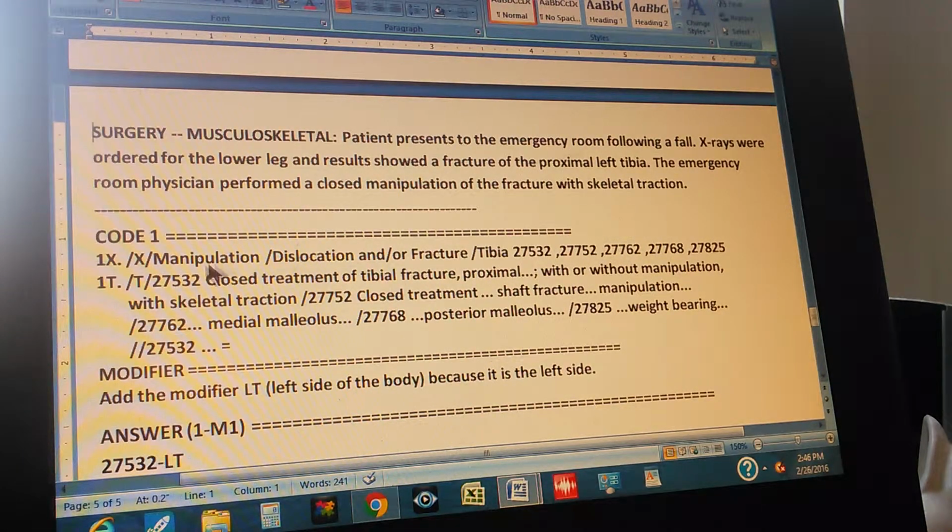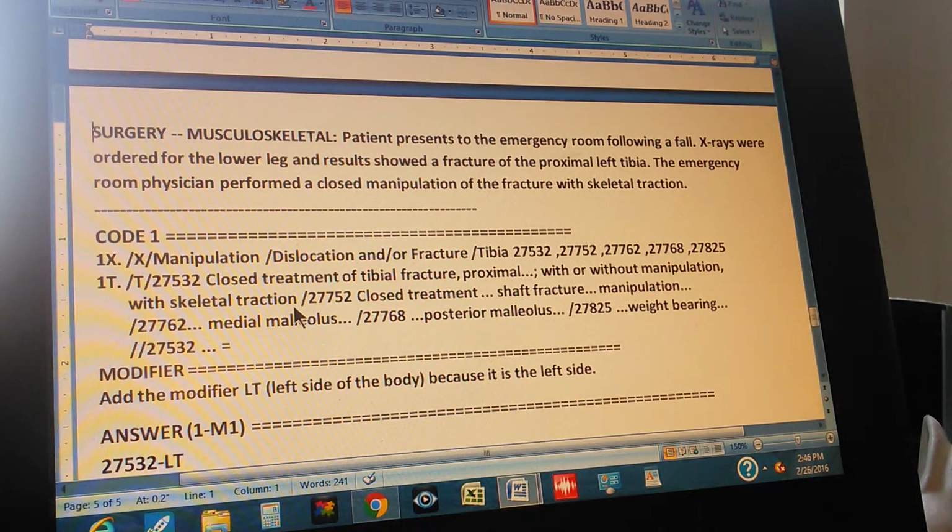Now, the code through the tabular is found like this. First you go to the tabular, and then you check all the codes that you found in the index. Then you go to 27532. What is that? Closed treatment of tibial fracture, proximal, with or without manipulation, with skeletal traction.